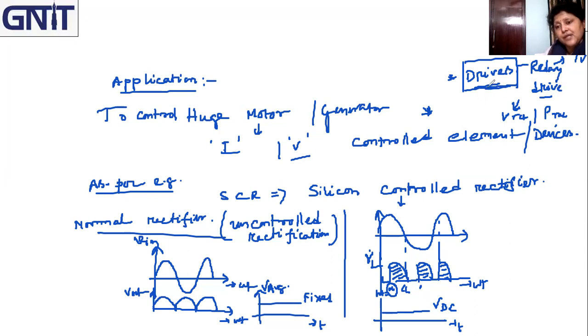Drives are a huge subject where we will find the application of all these power electronics devices. Drives are mainly a part of power electronics that we will go through. This is all about the introduction of power electronics. The idea is that we are enhancing the power rating of the device.